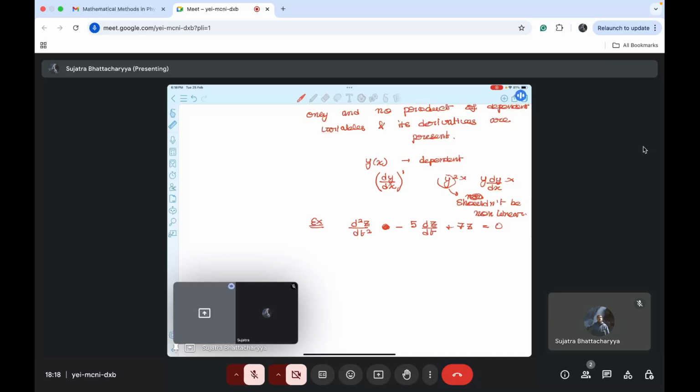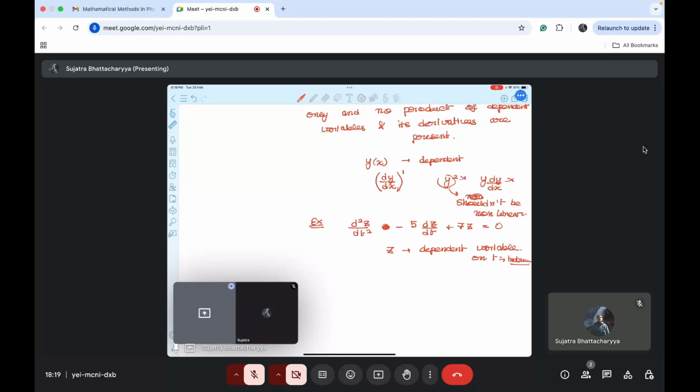Why is it a linear differential equation? See, z is the dependent variable here, which is dependent on t, which is independent. Fine. So z is a dependent variable. Do you find the product of z with another dependent variable?